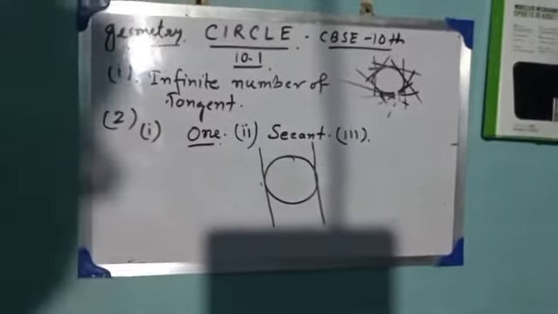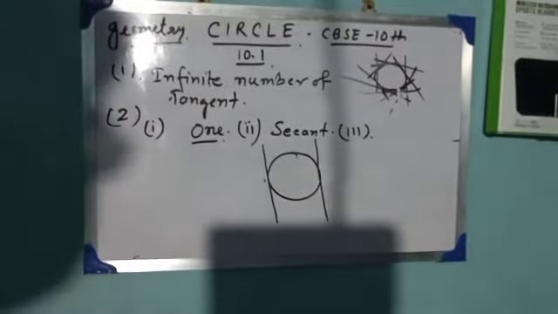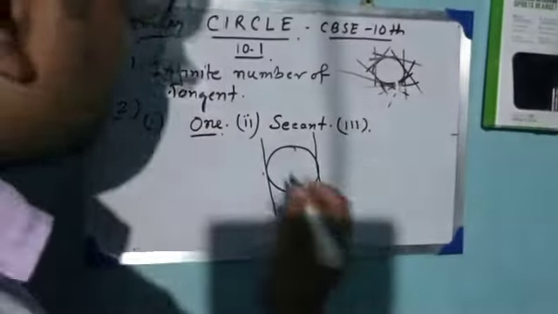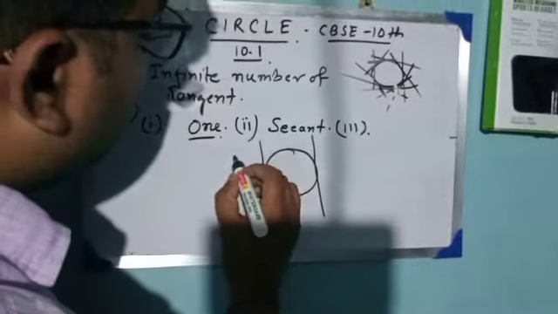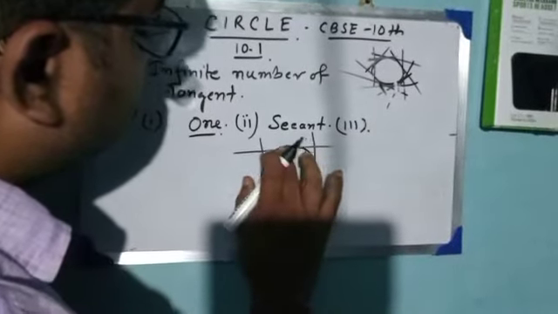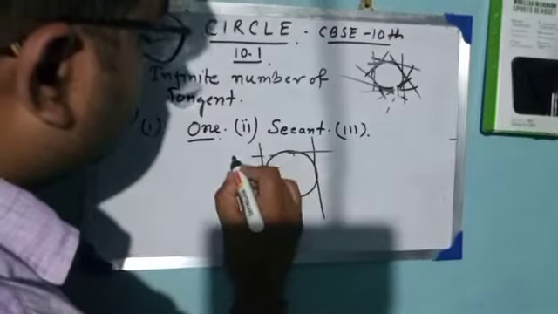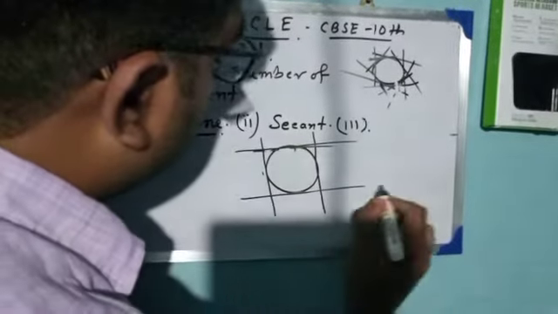So a circle has 2 parallel tangents. The first pair is in this form and the second pair is in this form.